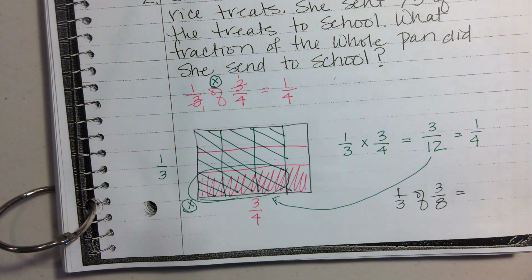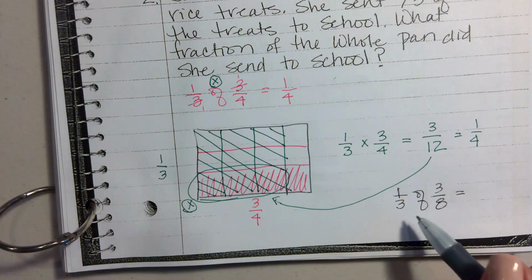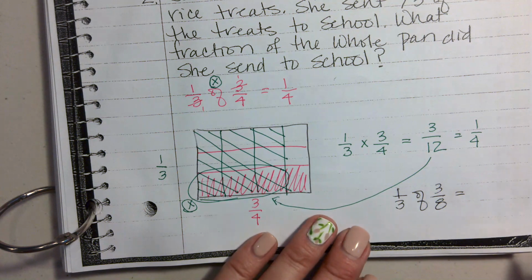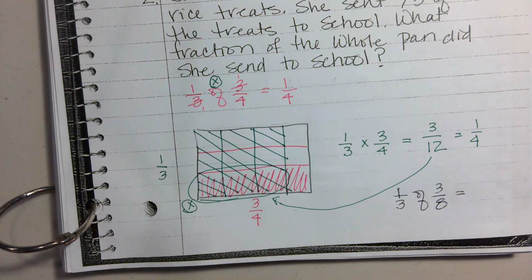Remember, 1/3 of 3/5 is 1/5, and 1/3 of 3/4 is 1/4. What then is 1/3 of 3/8? It's going to be 1/8. So 1/3 of 3/10 is 1/10. 1/3 of 3/100 is 1/100.